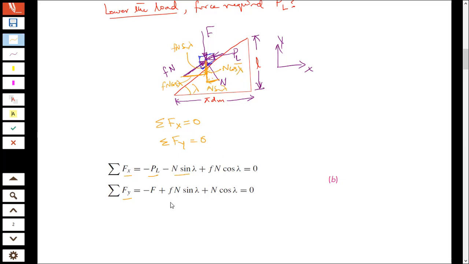So these are my two equations: equation number one for the forces in x direction, and equation number two for the forces in y direction.